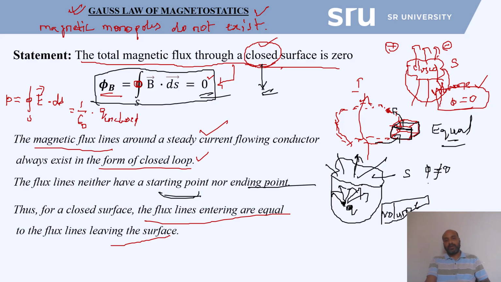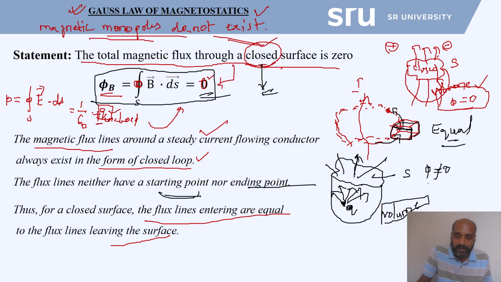Here the charge may be plus Q or minus Q, so individual charges can exist, either positive or negative. But if you see the equation for the magnetic field, there is no such term representing a magnetic pole. It is equal to zero. So based on that, we can conclude from Gauss law of magnetostatics that magnetic monopoles do not exist. They will always exist as a single entity.